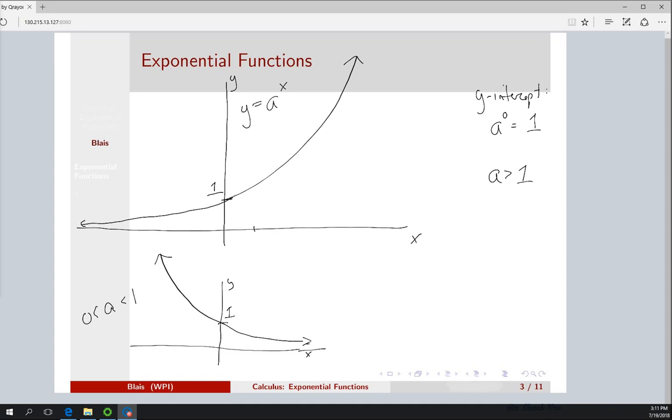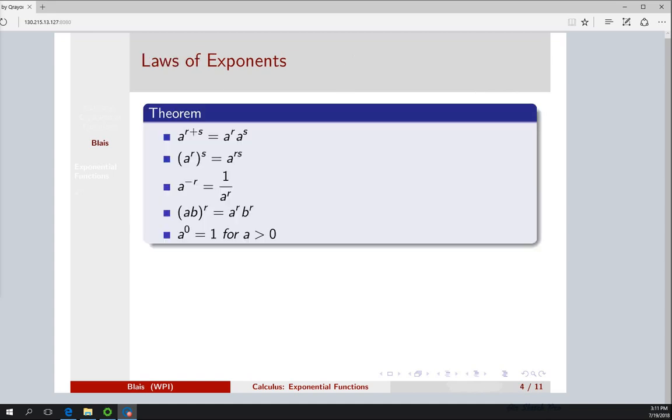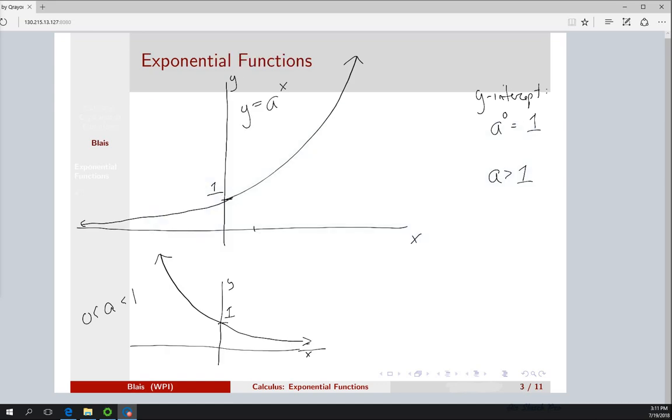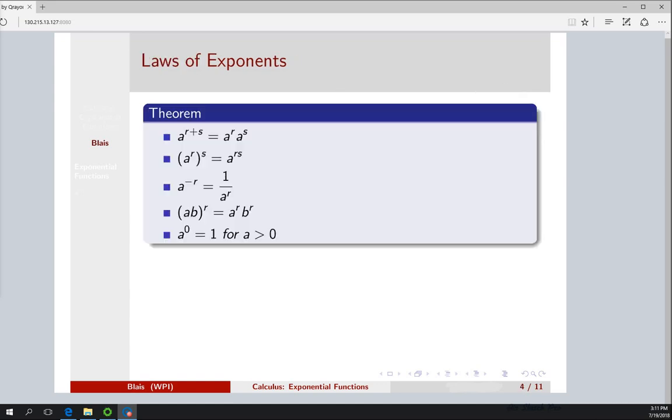Let's look at a concrete example. Actually, before we look at that example, let's just summarize this. These are rules that we've already learned before calculus for exponentials, and they all hold in the same framework. So a to the r plus s is a to the r times a to the s.